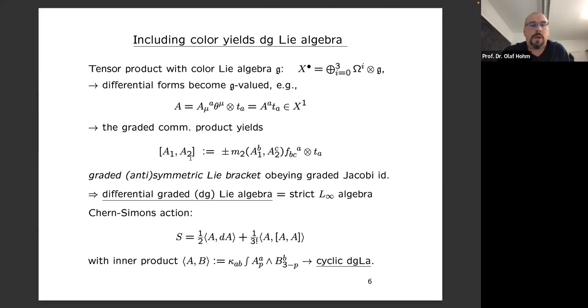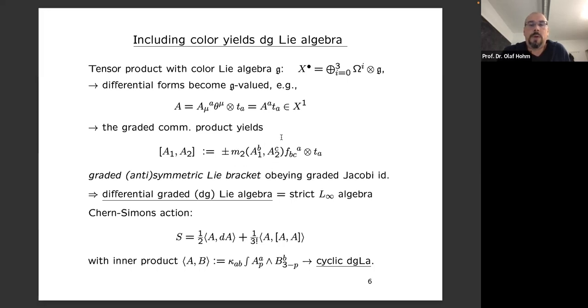So what happens to the graded commutative and associative product we had before? Well, now it actually gives rise to a Lie bracket or a graded Lie bracket in the following sense. So if I have this expansion, let's say, of two differential forms, I can take the components A1^B, A2^C. They are still objects in the original vector space because the color indices sitting on the A's are just labels, if you wish.